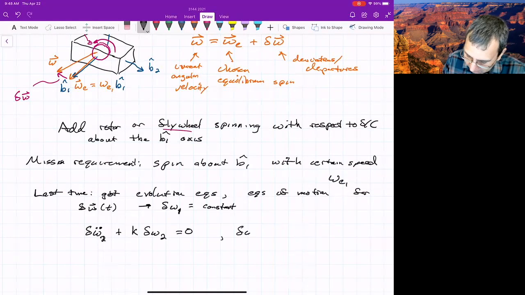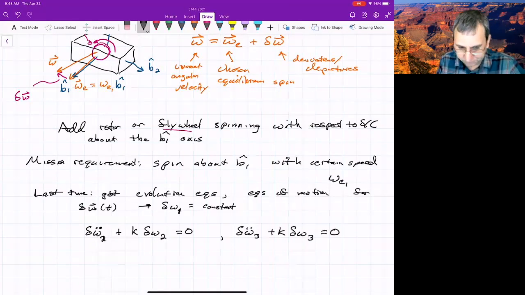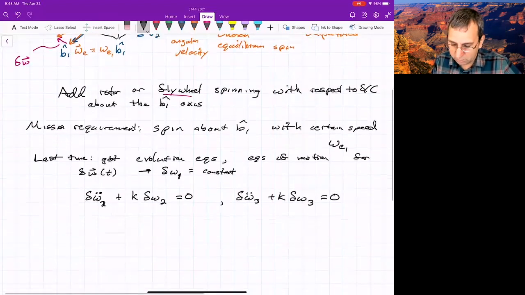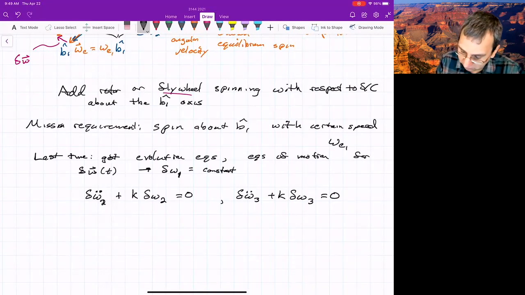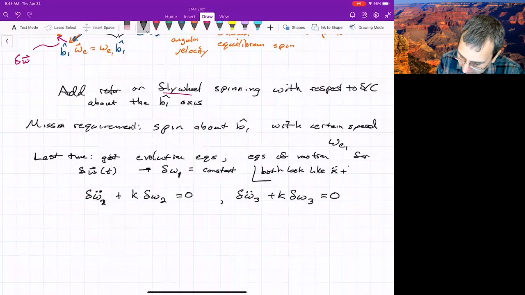And if you were to do the other one, it's the same equation. It looks very much the same. So this looks like a simple harmonic oscillator, right? Both look like x double dot plus k x equals 0.